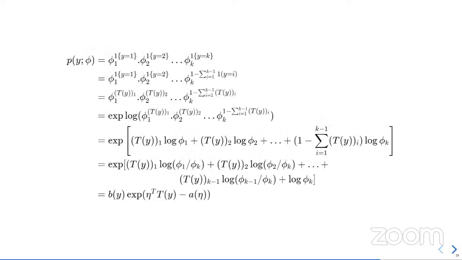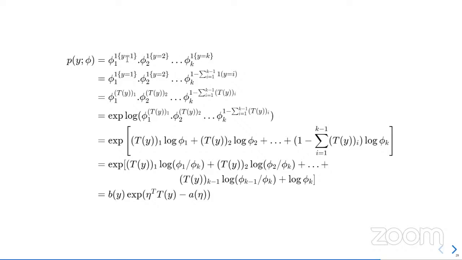Now, what is our distribution? Remember in the Bernoulli, we had p raised to the power y times 1 minus p raised to the power 1 minus y. Here in the categorical distribution, we have phi 1 raised to the power of the indicator of whether y equals 1 or not, and so on. Remember only one of these is going to be true.